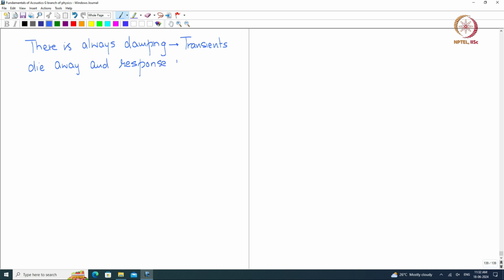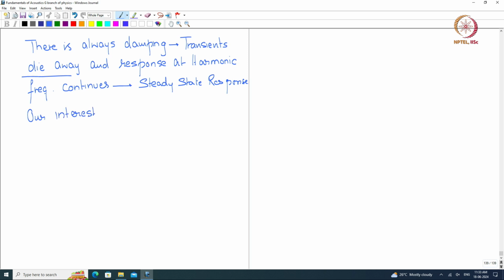Response at the harmonic, external forcing frequency, remains and continues, which response is called the steady state response. After the transients have died away, steady state response. And these transients die away quickly. So our interest is in harmonic steady state response.